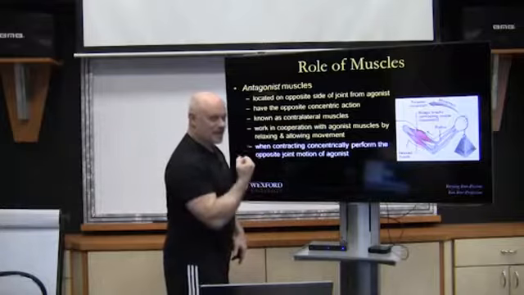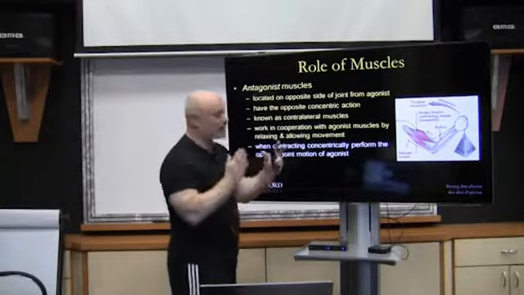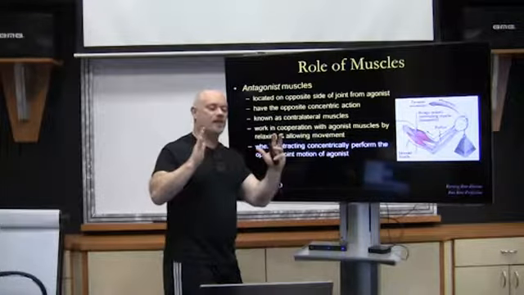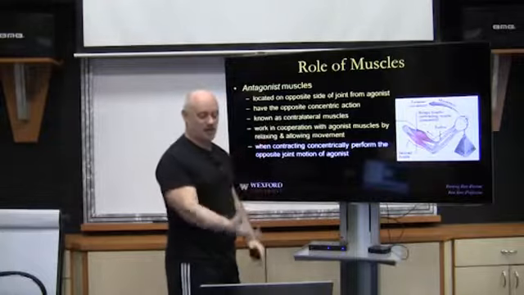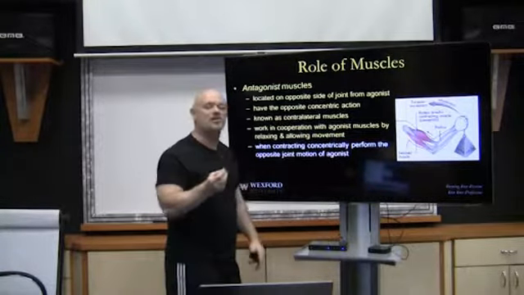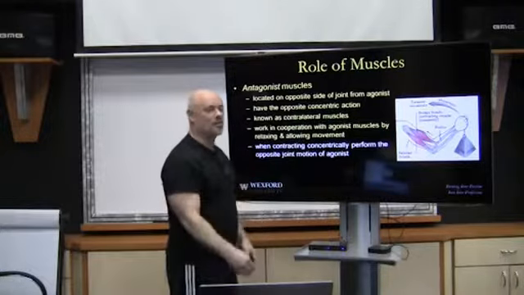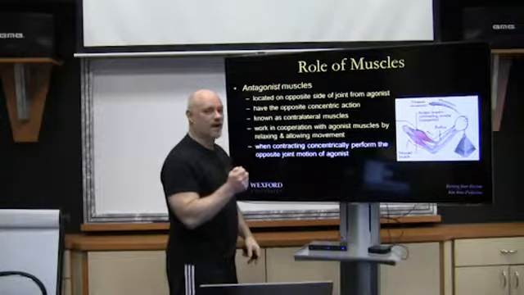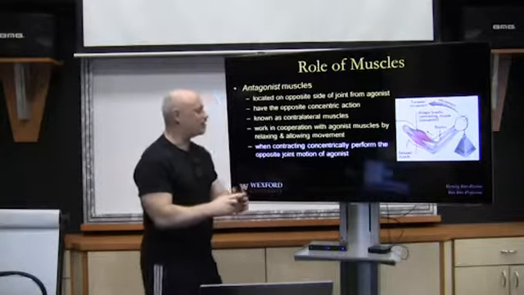But what happens when we get to the end of it? We get to that range of motion where the muscle stops contracting because all the Z lines are being pulled together to about 50 to 60% of its resting length, so no more force production. A lot of times the antagonistic muscle will start to fire, developing tension to slow that movement down in any particular joint.